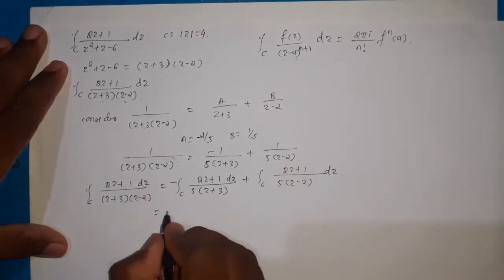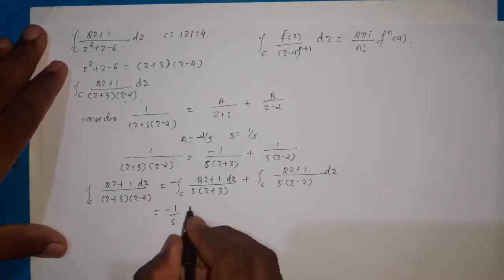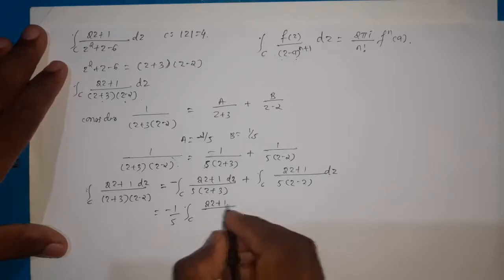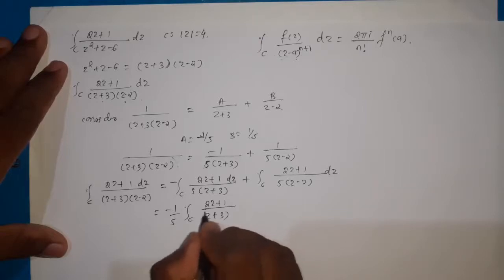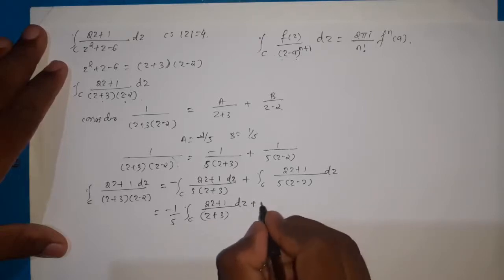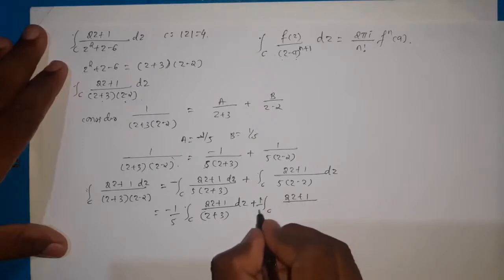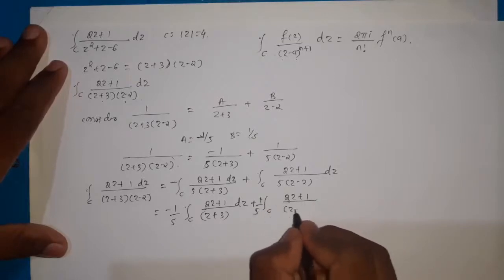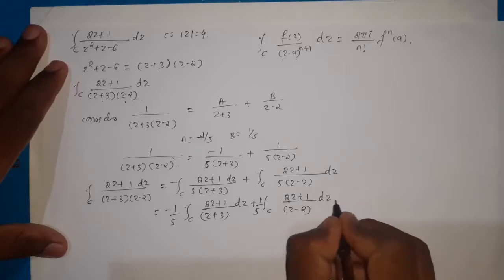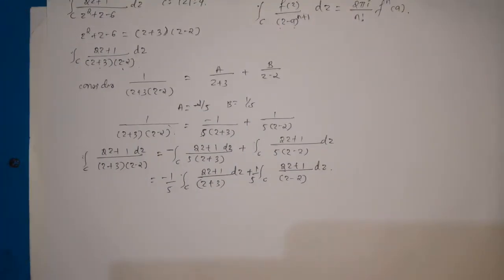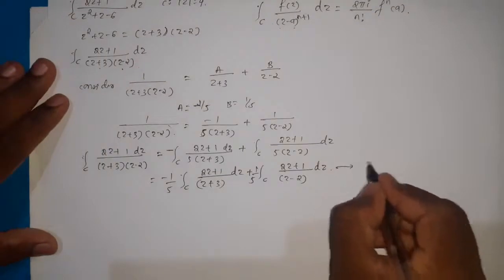Then minus 1 by 5 is a constant, writing it outside, then integration over c (2z plus 1) divided by (z plus 3) dz plus integration over c (2z plus 1), here 1 by 5 we can write outside, divided by (z minus 2) dz. Now consider the functions separately, then find the value of each one. Now consider this as equation number 1.